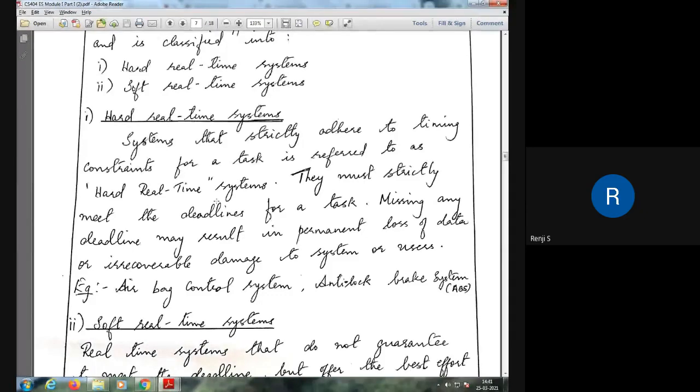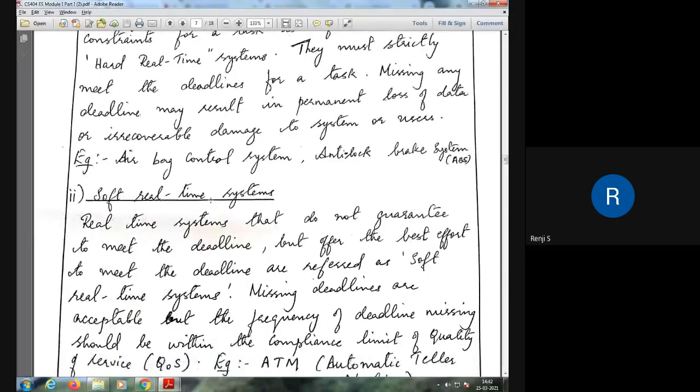When there is an emergency, the brake should be applied with almost zero time delay. If that doesn't happen at that particular time, then the system as a whole will fail, and it may result in the permanent loss of data, or it may result in damage to the users.